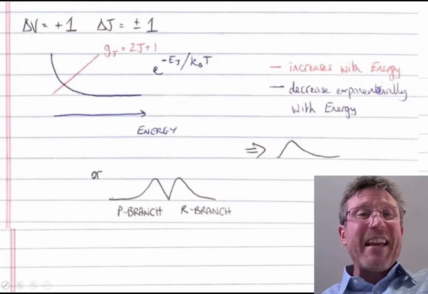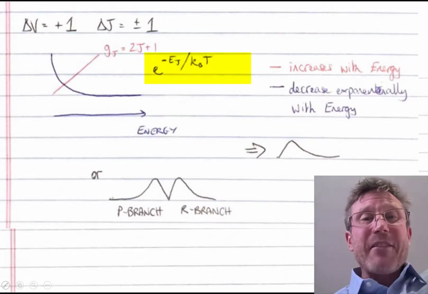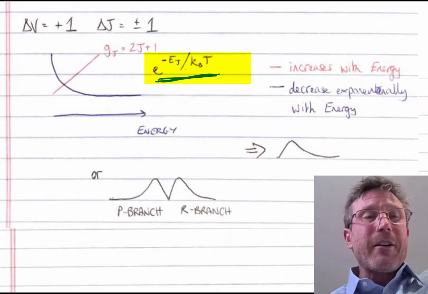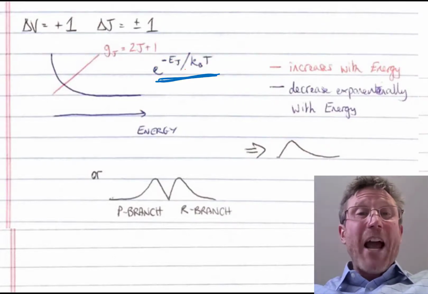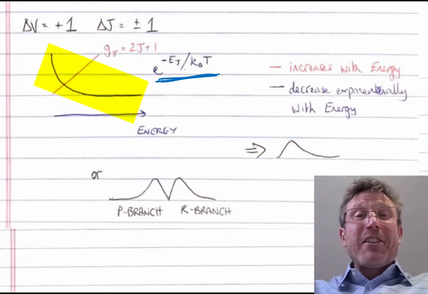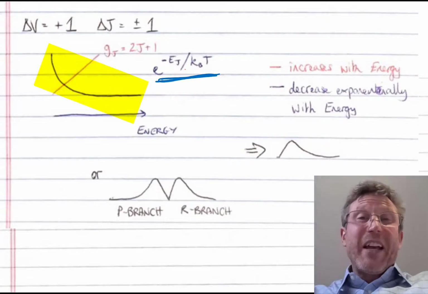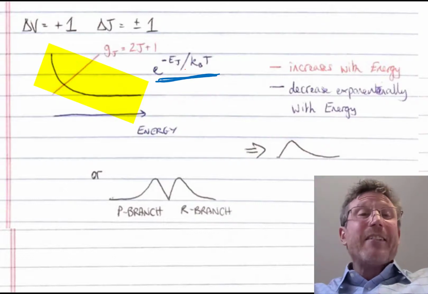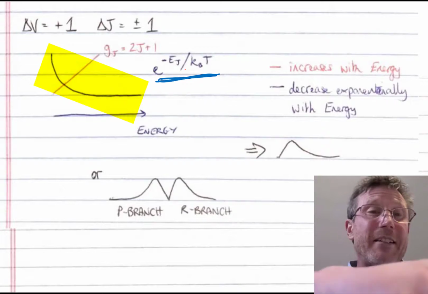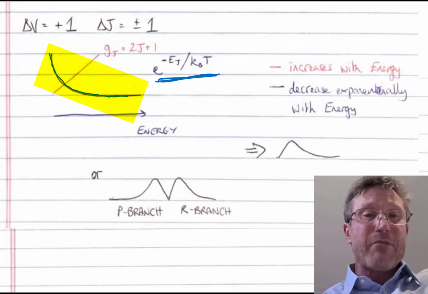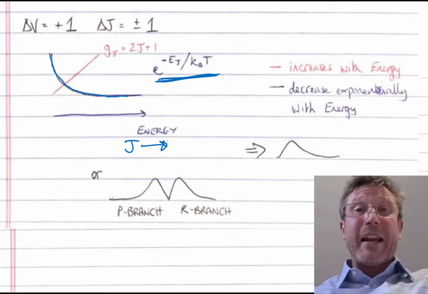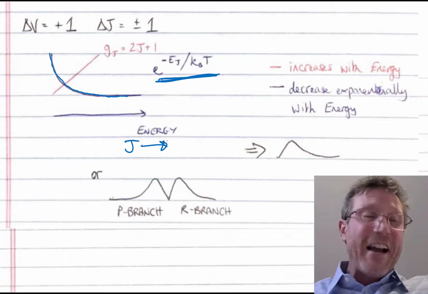So if we think about this exponential term, as we increase the quantum number J, the chances of us having a molecule in a higher state goes down. It's an exponential decay. So as J increases, going to the right-hand side, we get an exponential drop-off.